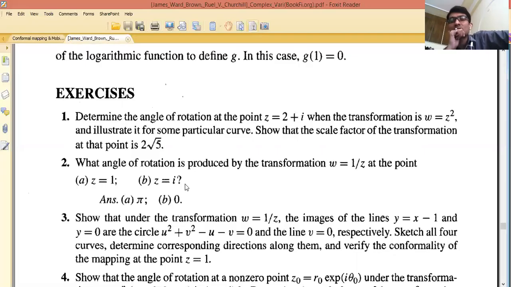The magnitude is 1, but what is the angle of rotation?